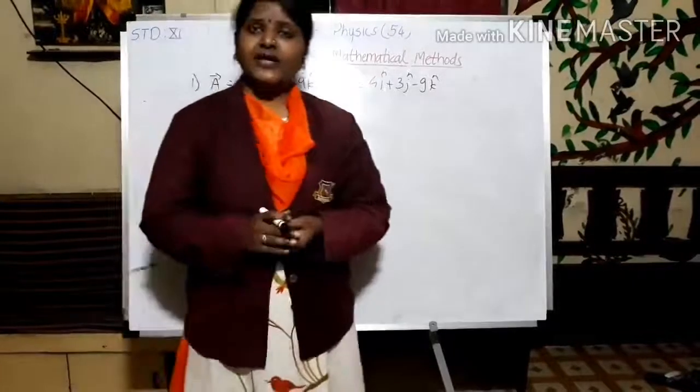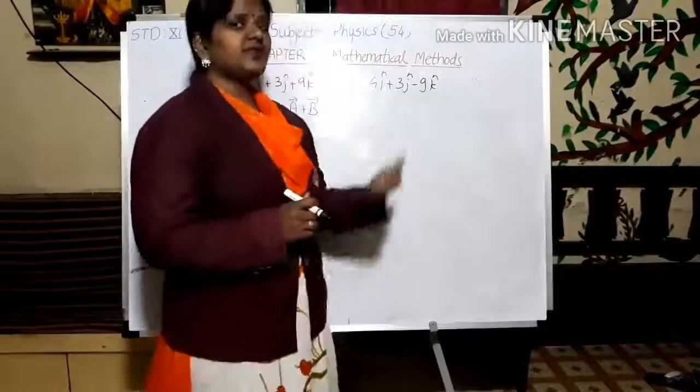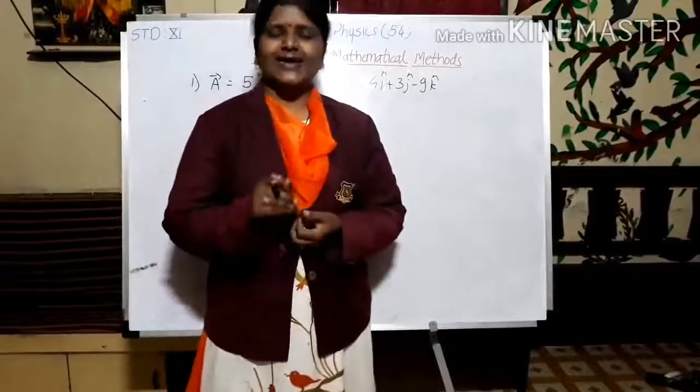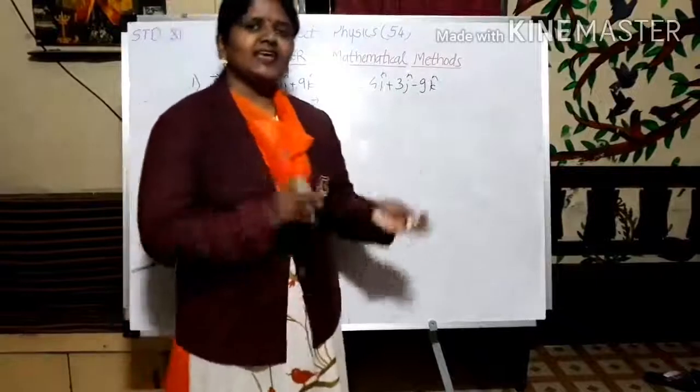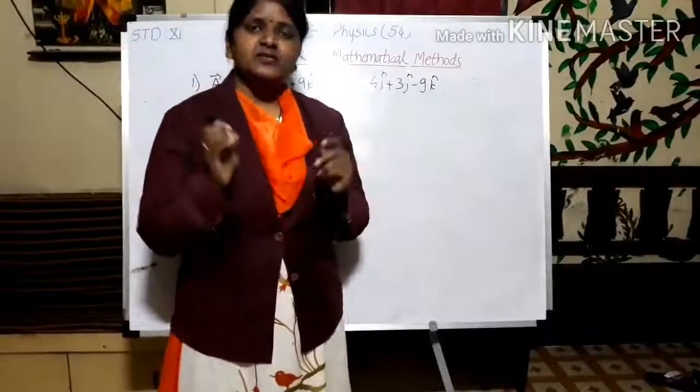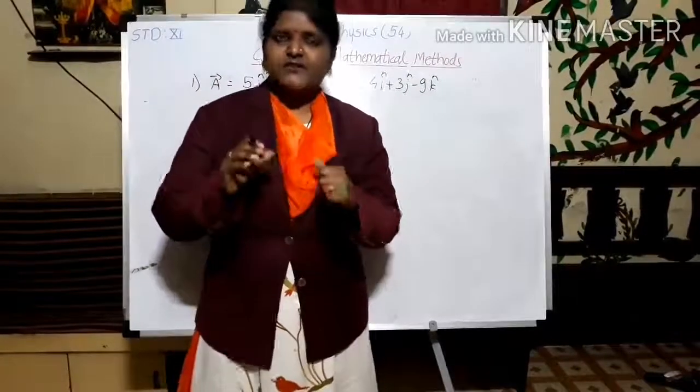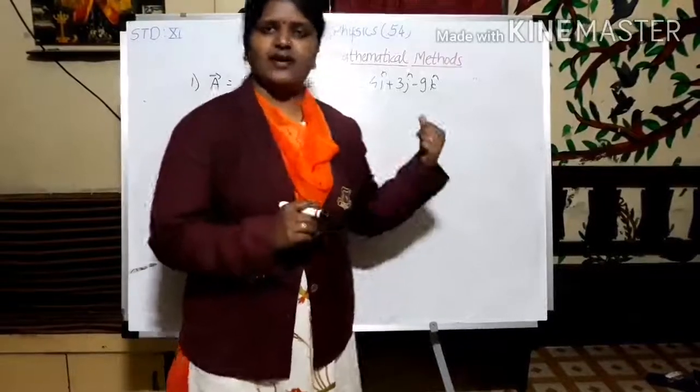But when both the vectors are giving you an idea about the same physical quantity, it is given here that A and B both give the same physical quantity, only then can I add both of them.